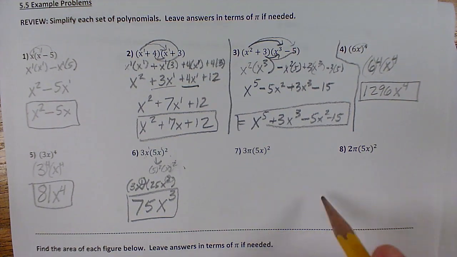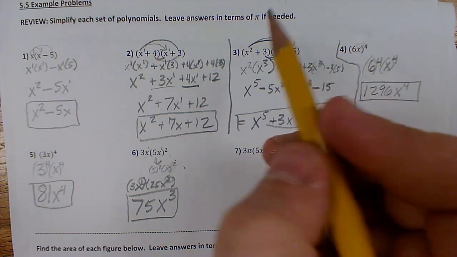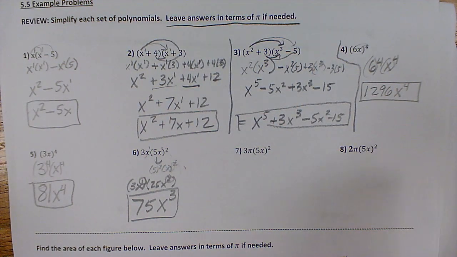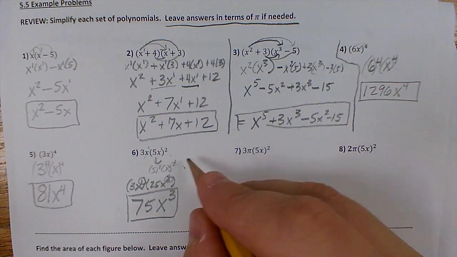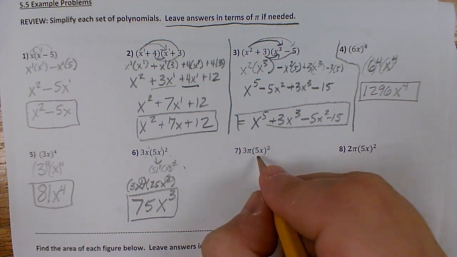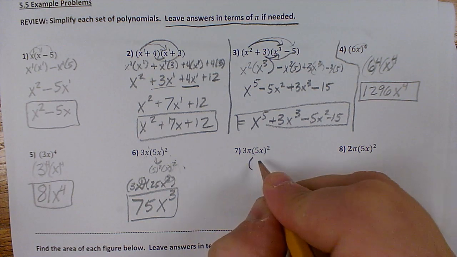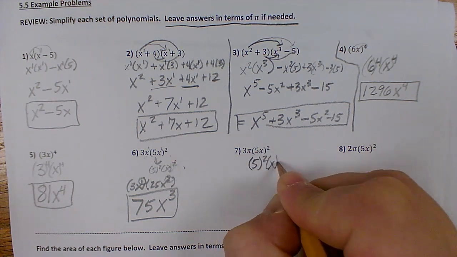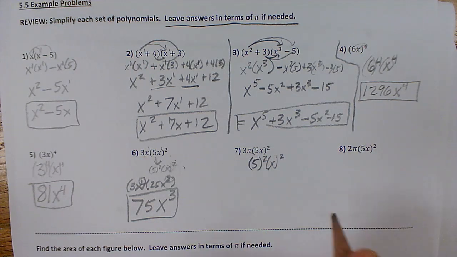So now we get to the weird ones where I'm asking you to keep your answers in terms of pi if needed. It's pretty much, you pretend the pi is not there. We do the same thing again. We will multiply the 5 first, but we'll have 5 squared x squared, but we don't care about the 3 pi.